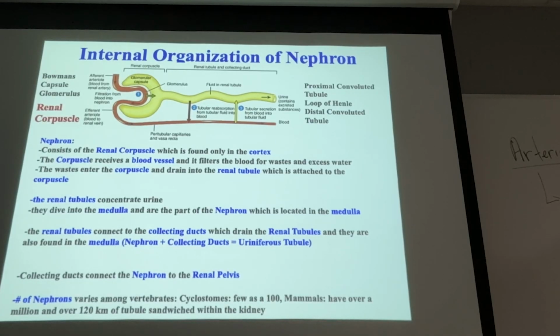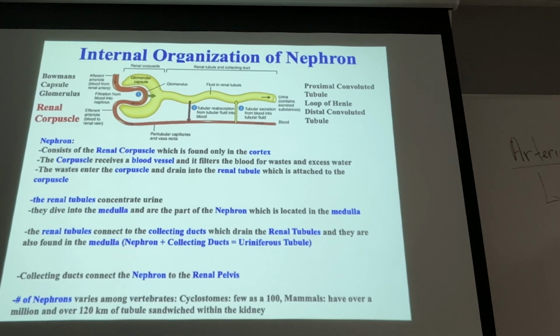Now, interestingly, this is one of the few places in the body where an arteriole gives rise to a capillary bed, which gives rise to another arteriole, which will then give rise to another set of capillaries that are called the peritubular capillaries and the vasa recta. These are two capillary beds that are surrounding the renal tubule.